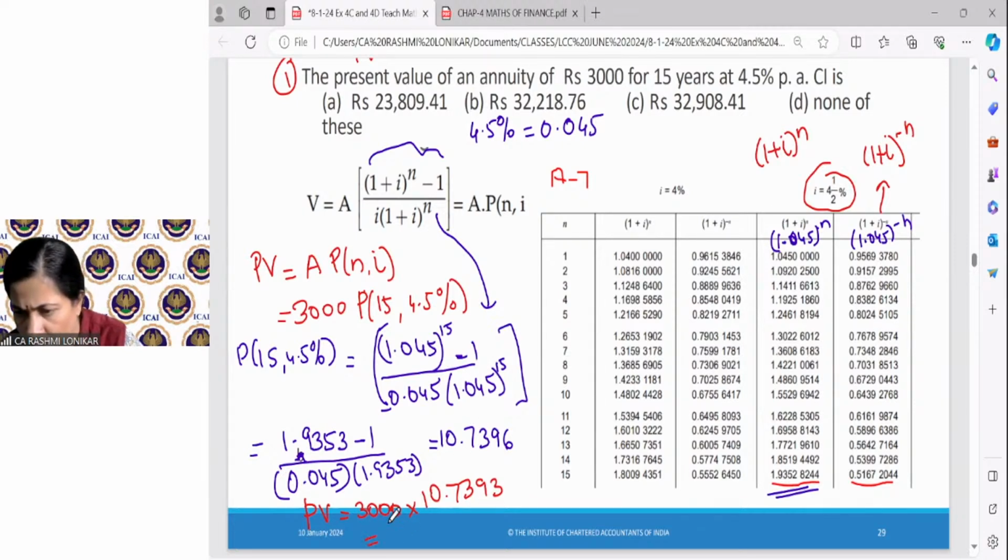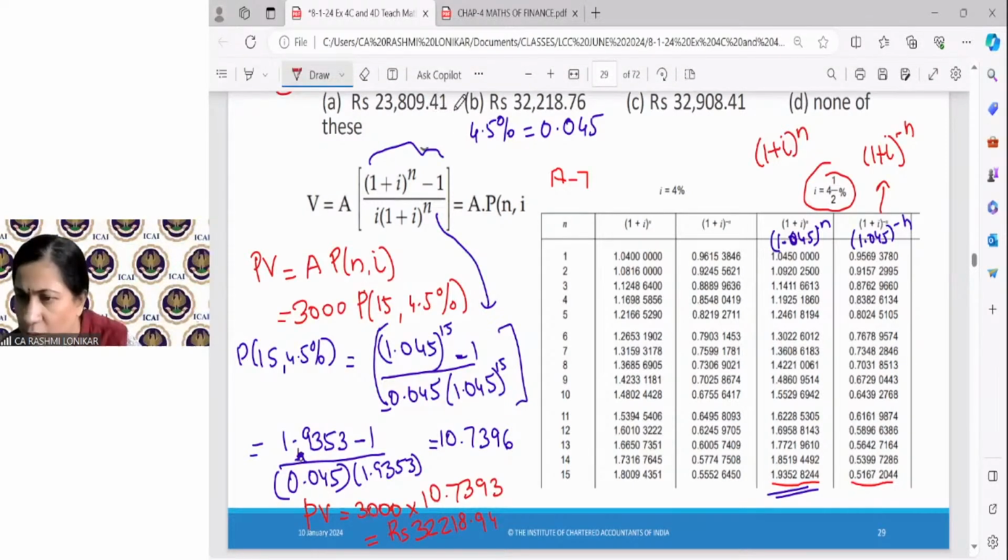Okay, so this is equal to rupees 32,218.76. So we can safely say that B will be the correct answer.